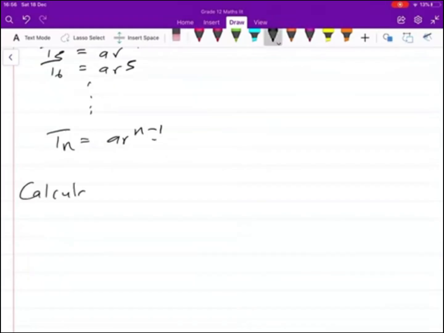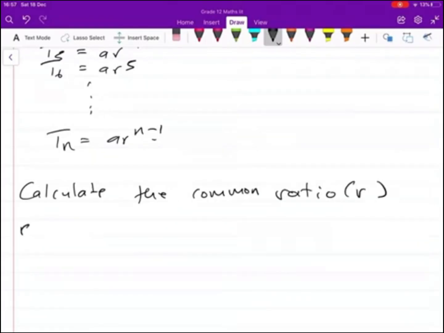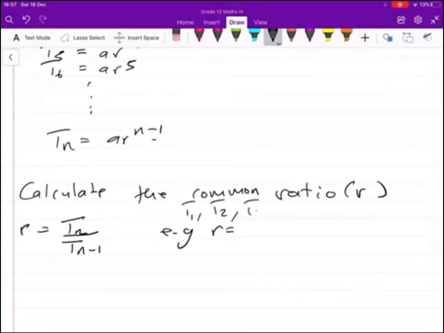Let me just continue giving you notes there. When we calculate the common ratio, which is given by r, we always say the next term divided by the previous term. An example of that: if I was given a sequence of T1, T2, T3, and I wanted to find the common ratio, I would say T2 divided by T1.